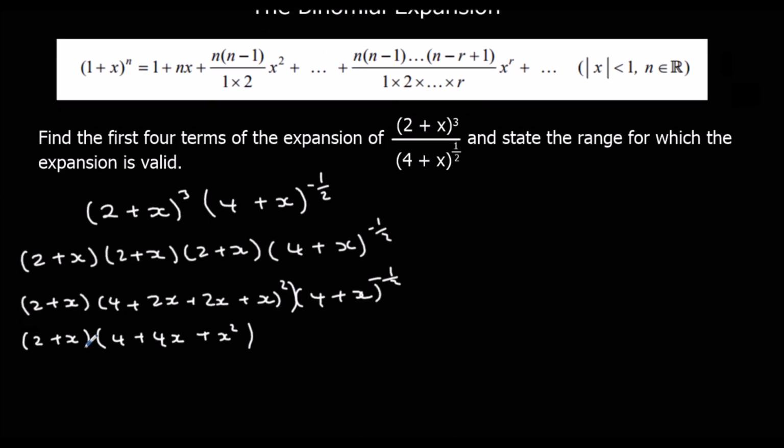And now I can expand these two brackets. So 2 4s are 8. 2 times 4x is 8x. 2 times x squared is 2x squared. And then x times 4 is 4x. X times 4x is 4x squared. And x times x squared is x cubed.